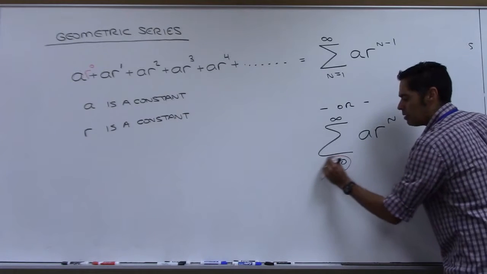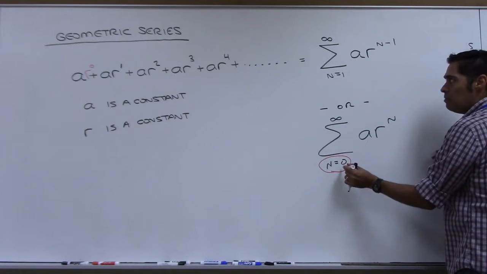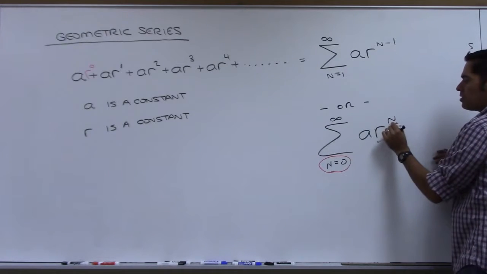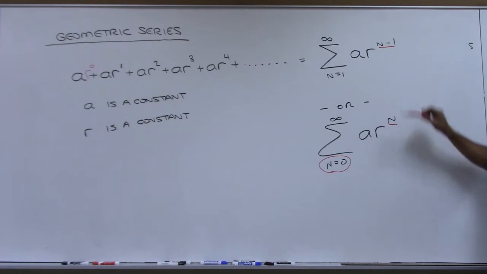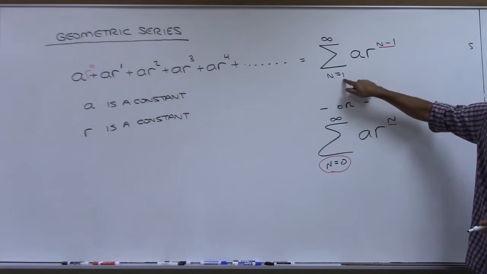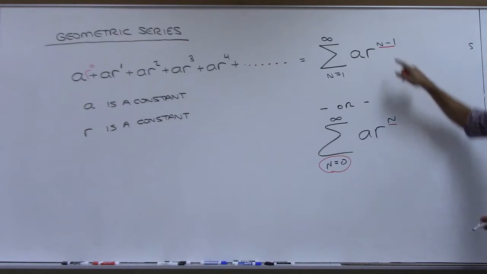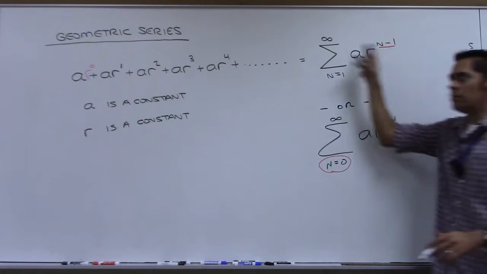This right here we call the starting index. This is the stopping. I started at 0 instead of 1, but I also had to adapt this part, didn't I, to make it work? So these are the most common versions of a geometric series. It's either going to start at n equals 1, and you'll have a little n minus 1 up here, or it'll start at 0, and you'll have an n up here. Both of those create that.